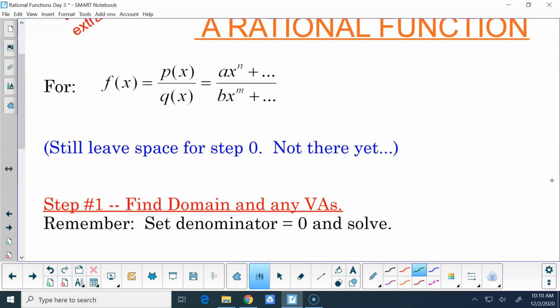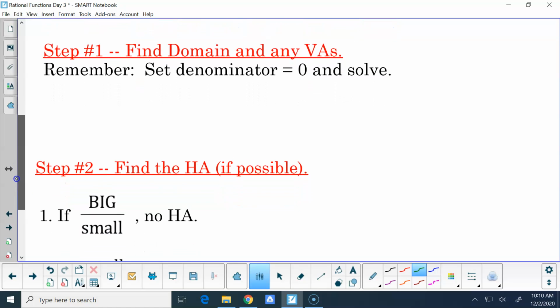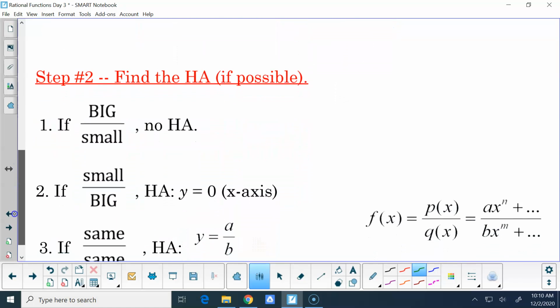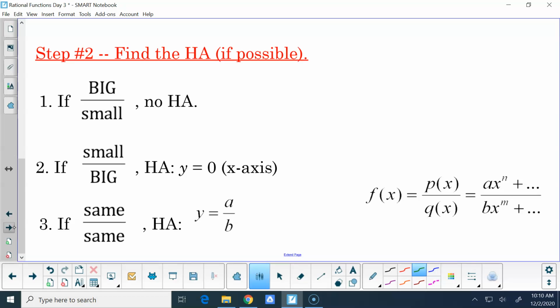Step 2, then, is going to be finding the horizontal asymptote. And we've got 3 possible scenarios there.